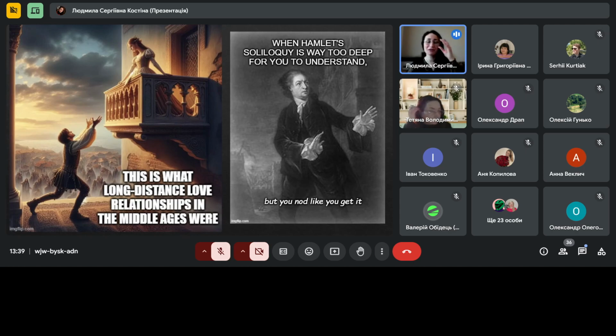So quite typical reactions for a lot of people, you see, when you read something serious, something philosophical, you don't understand then, but you still nod like you get it.